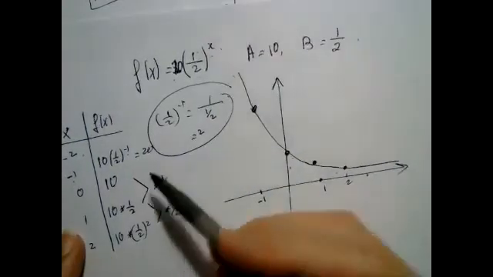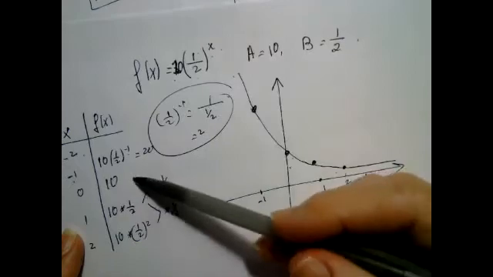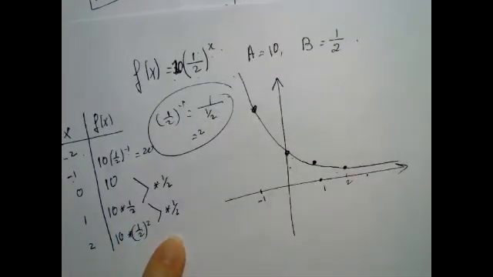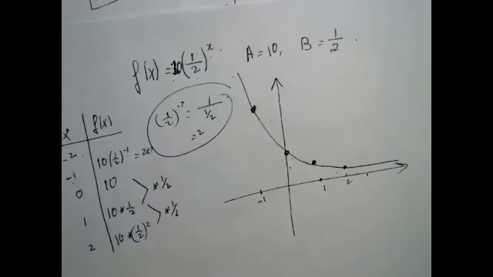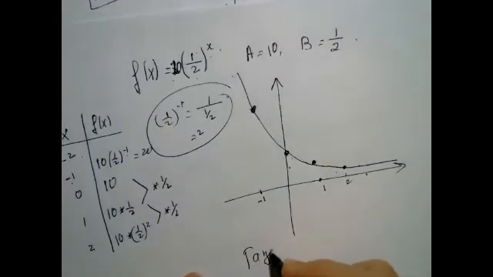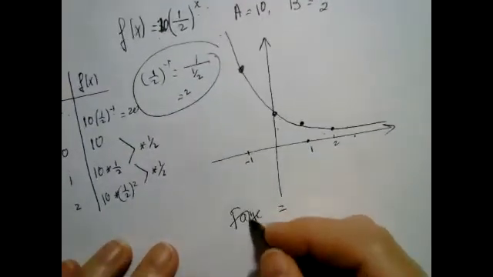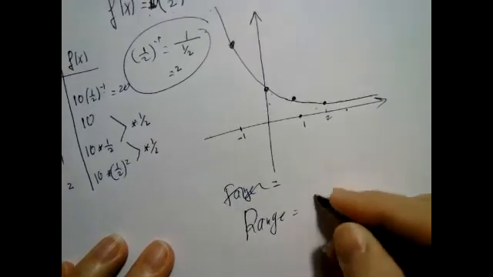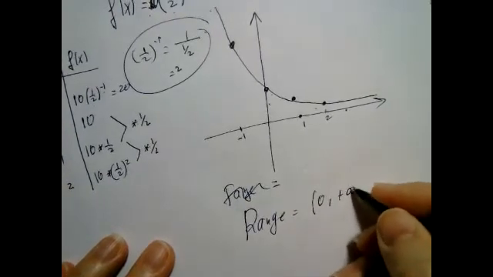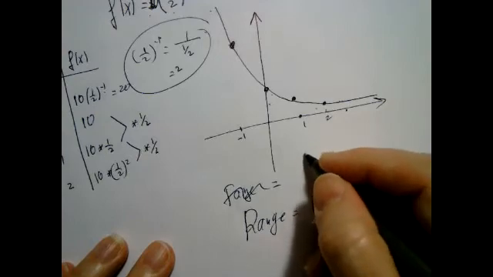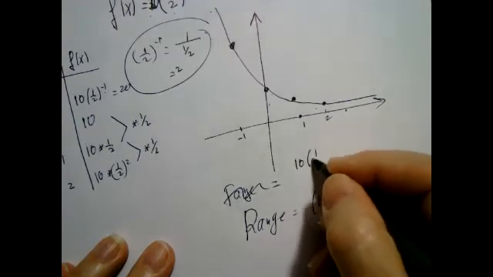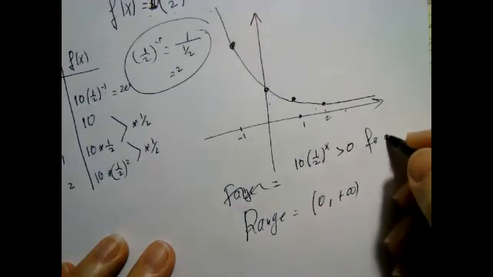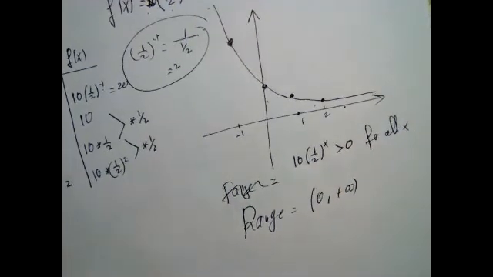What's causing the decrease is that the b is less than 1. So we're always multiplying by a number less than 1, making the number smaller and smaller. So the range, again, is 0 to plus infinity. In other words, the function is always positive, no matter what the x value is. So the range is from 0 to infinity.